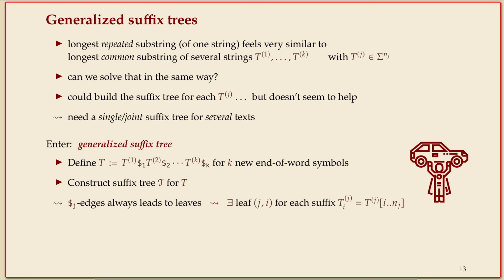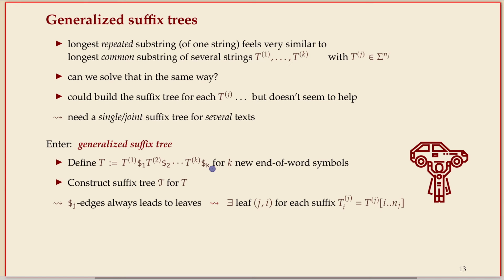So instead, what we'll do is we'll force all the texts into one big text using a little hack, if you want. We create an artificial new text where we concatenate all the strings that we have, but we separate them with new dollar signs, which are different for each text.